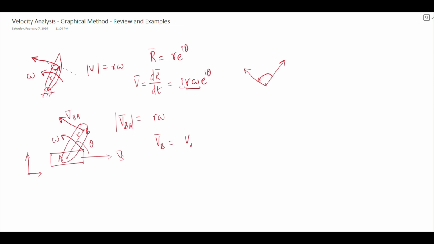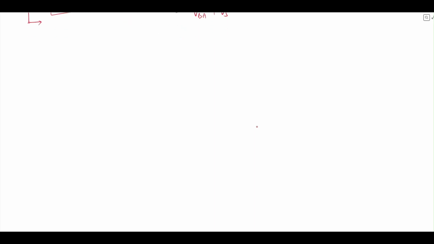VB is VB with respect to A, and the velocity of the point A on the slider itself should be added to that, which is the same as the velocity of the slider Vs. So these are the two important distinct velocities that we need to know. We need to understand these before we try to solve any of the problems on velocity analysis with mechanisms. So we'll quickly look at some examples.